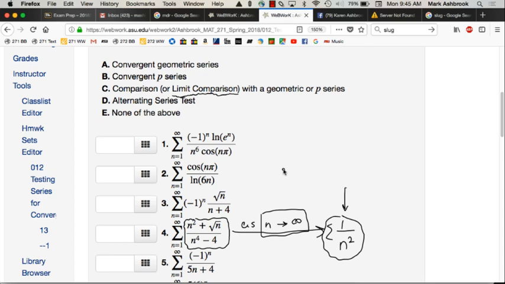You look at the limit of the sequence as n gets large, and then you reason that this is going to basically be the same as this in the end. So therefore, this will converge as well. Okay, so I just want to point that out. What they mean by limit comparison is what we call indirect comparison.